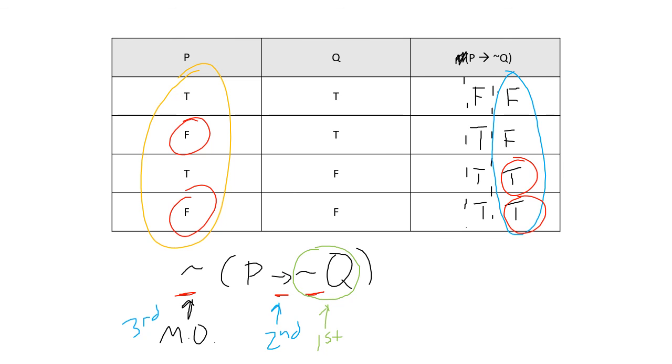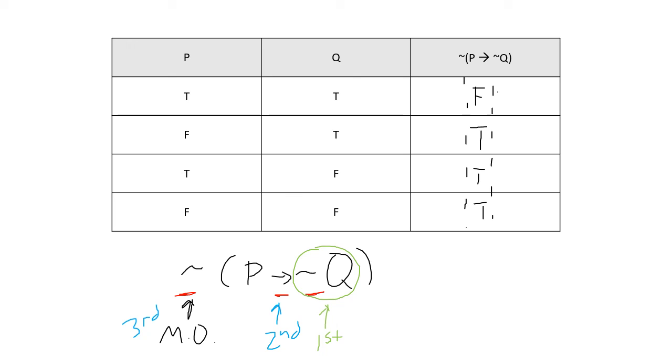So now with this, we can eliminate this column, because now we're just going to take this column, which represents the arrow statement, and we're going to fill in our tilde, which is here on the outside.